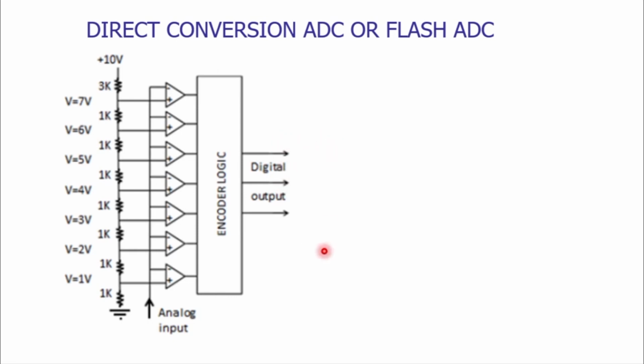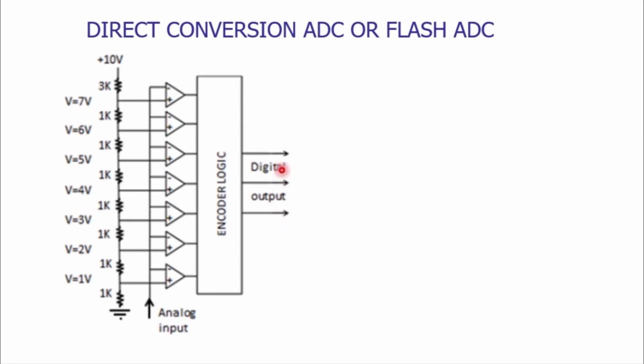How is it possible? For that purpose, we are using an 8 to 3 priority encoder, which we have seen in our previous slides.